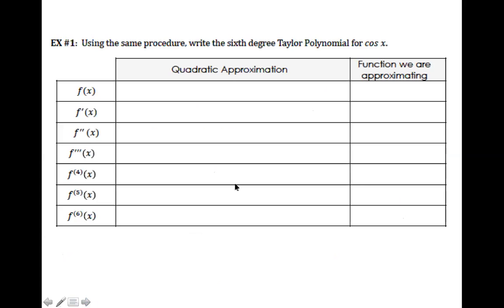This time it says, use the same procedure to write a 6-degree Taylor polynomial for cosine. So we just did a quadratic, and now it's asking us to do a 6-degree.